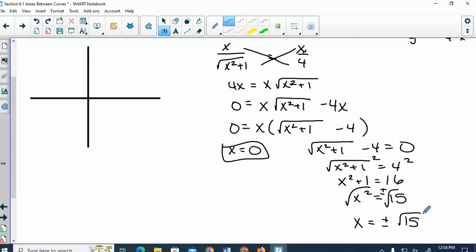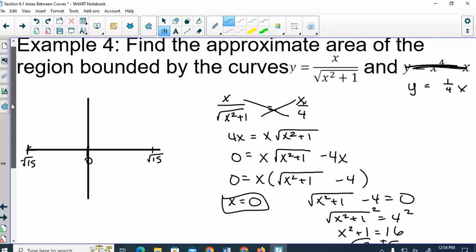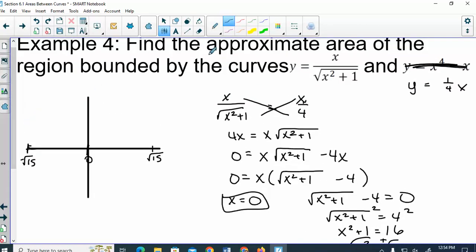Okay, this is gonna be pretty, isn't it? So, here's 0. Say this is a positive square root of 15 and a negative square root of 15. Okay, I don't need perfect graphs, I just need to know which one's on top, right?